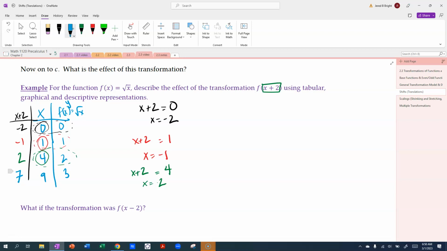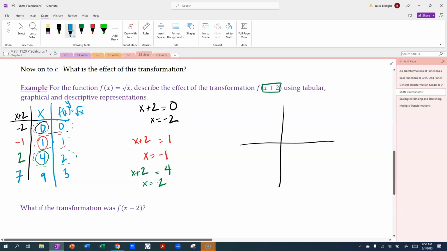Graphically, what we would see is the following. Again, just making some ticks: 1, 2, 3, 4, 5, 6, 7, 8, 9, 10. Then I need to go 3 vertically: 1, 2, 3. Here's my base graph: 0, 1, 4, 2, 9, 3.